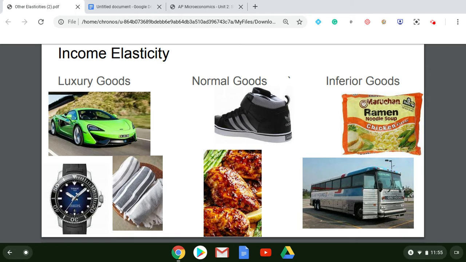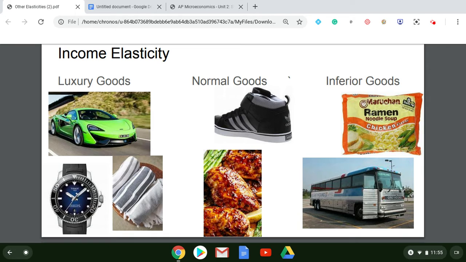Whereas for normal goods, I put tennis shoes and just some regular old chicken here. When your income goes up, you will consume more of these, but how many pairs of tennis shoes do you really need?